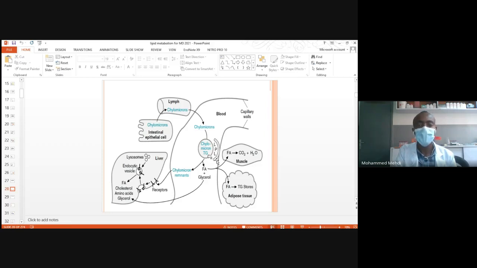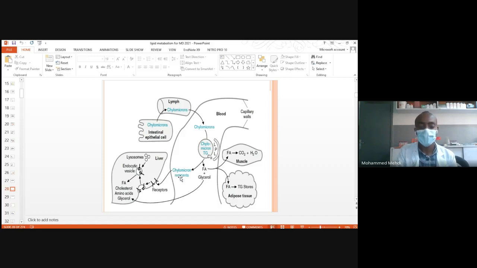The activated LPL will degrade triacylglycerol into free fatty acid and glycerol. Fatty acid will either be used for energy production or stored in adipose tissue. Triacylglycerol will be formed and stored in adipose tissue.